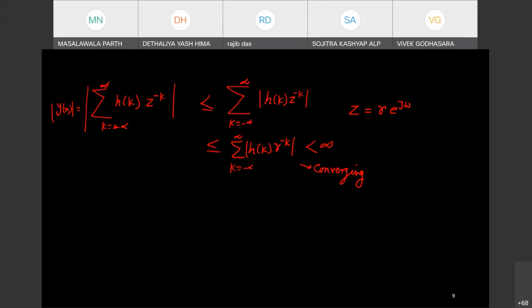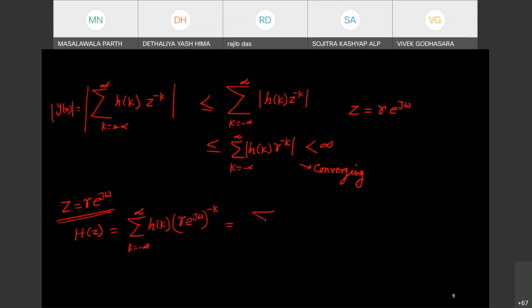So I'll show you some example. This is interesting. If I use z equals r e to the power j omega, what is happening to H of z? The summation of h of k times r e to the power j omega, whole to the power minus k, with k from minus infinity to plus infinity.